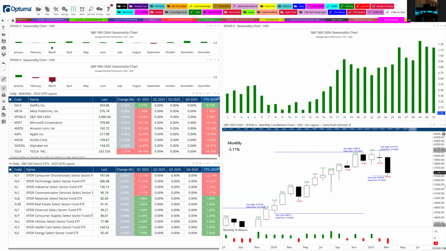It's the same seasonality chart, but his points down toward the March lows, and then from there the price starts to recover back up.